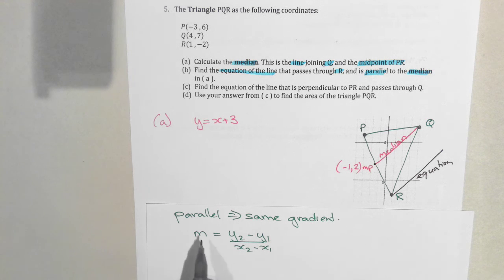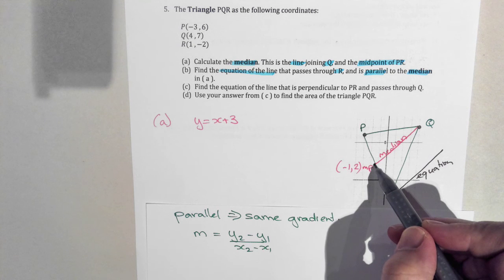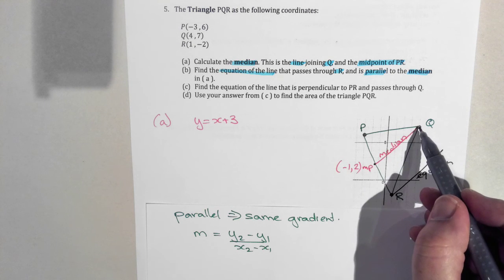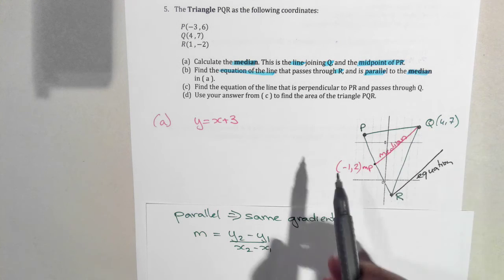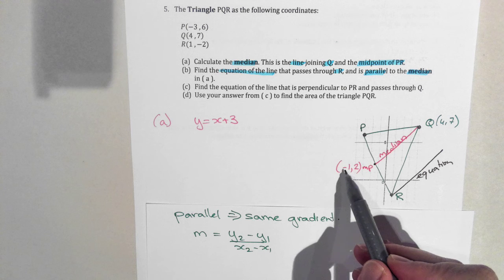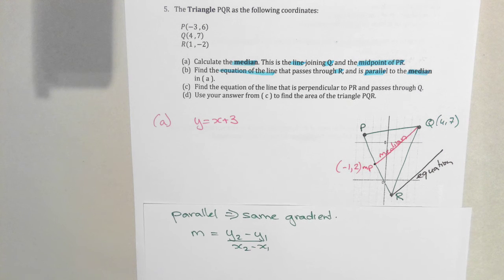Okay, so which coordinates am I going to use to find this gradient? Well, I've got the coordinate here, -1, 2, and I've got the coordinate of Q, which is 4, 7. So I can use those two coordinates, called x1, y1, x2, y2, to find the gradient.